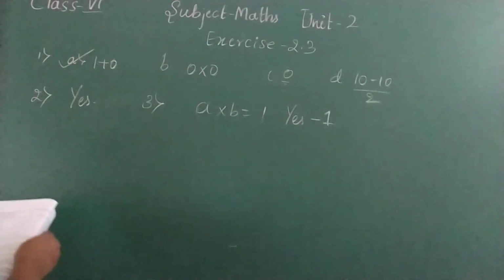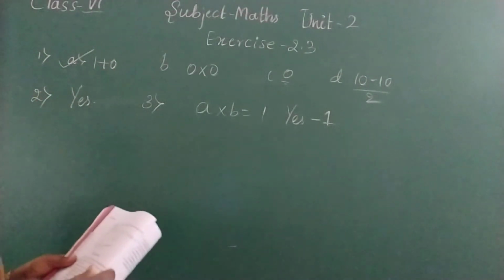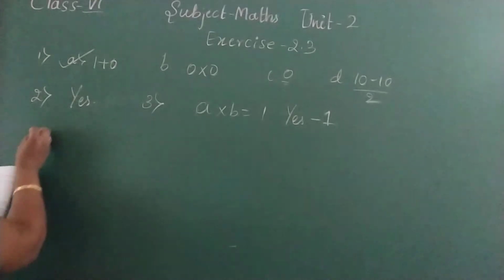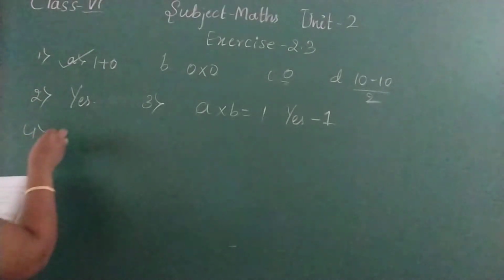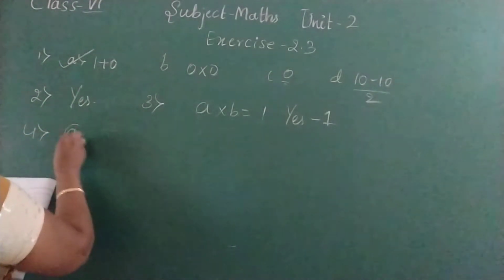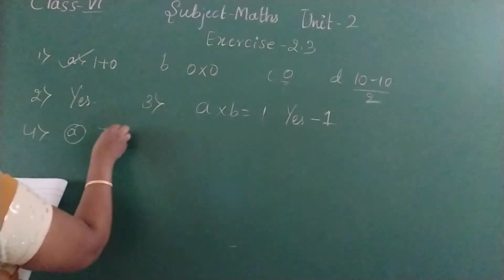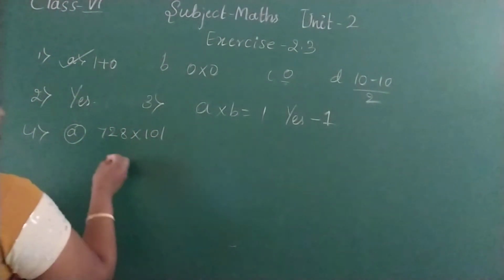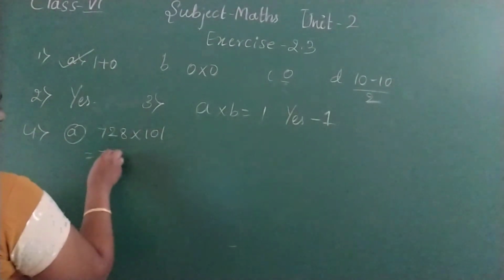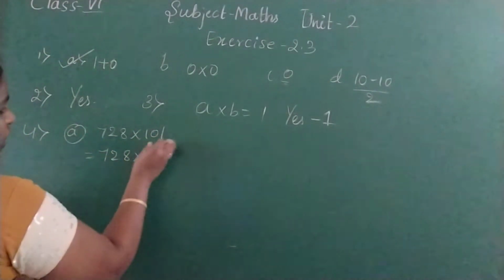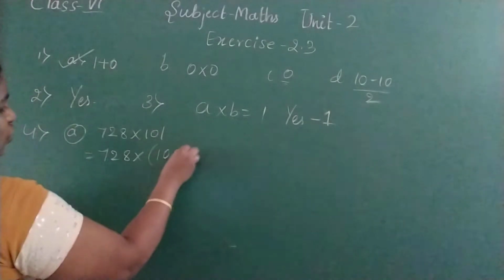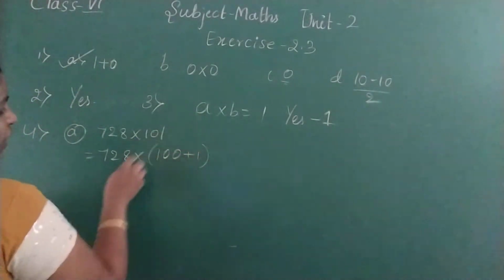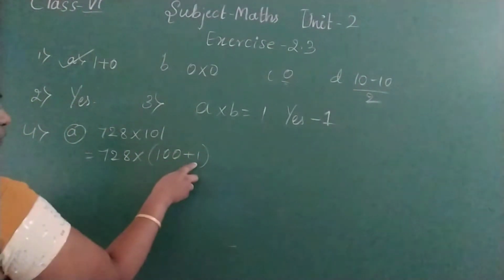Next, fourth, find using distributive property. Fourth, A: 728 into 101. So what is distributive property? The numbers are distributed. 101 can be written as 100 plus 1.